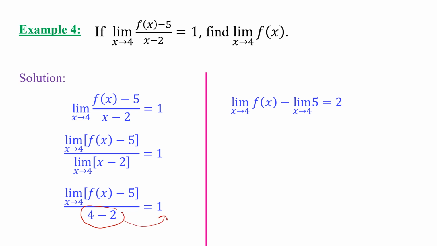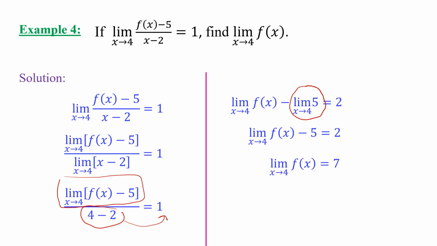We move it to the right side. And by using the properties of limit also, we split the limit as x approaches 4 of f(x) minus 5 and we got the limit as x approaches 4 of f(x) minus the limit as x approaches 4 of 5. From the properties of limit, this value is 5. Then solve, we have the limit as x approaches 4 of f(x) equal to 7.